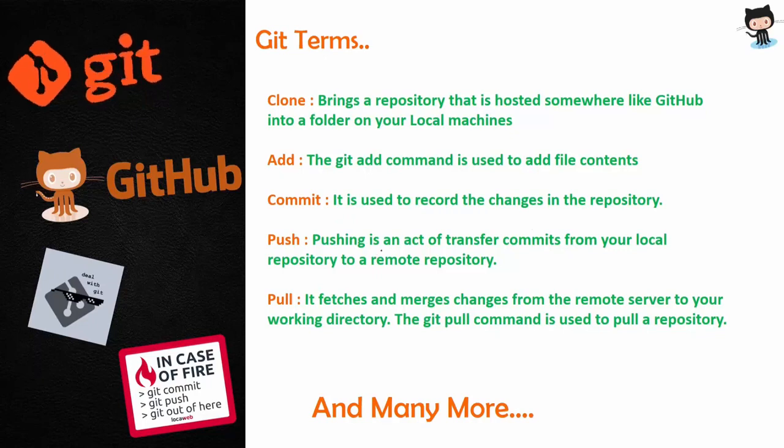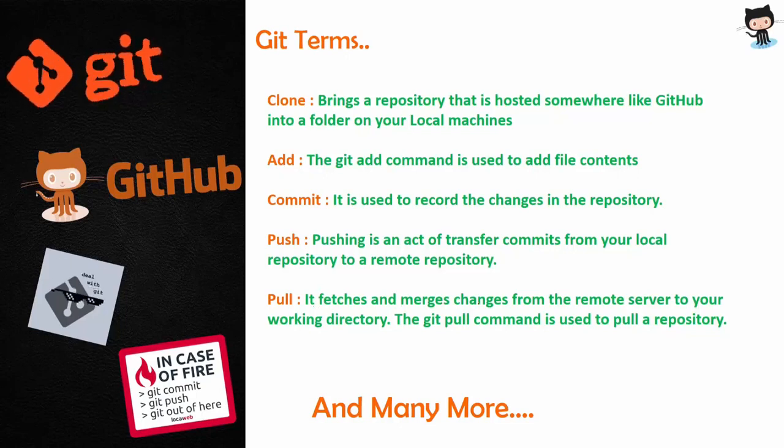Push, now pushing is basically an act of transferring commits from your local repository to the remote repository. As I explained in the previous slide, what is the remote repository and the local repository. So basically, you will transfer from your local repository to your remote repository. Similarly, pull is the inverse of the push command.